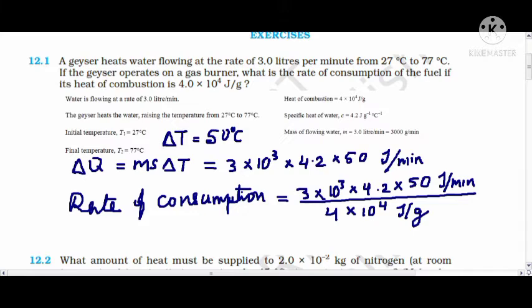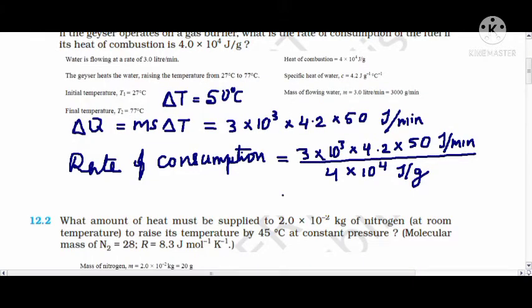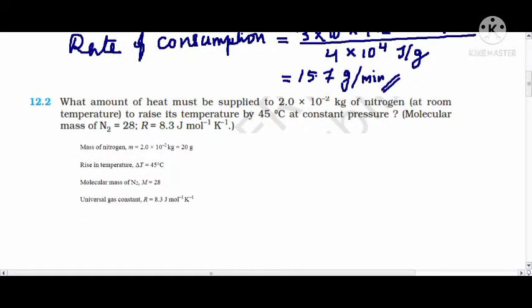Gram goes to numerator, so the final result you get in terms of gram per minute. When you simplify, your answer will be approximately 15.7 gram per minute.